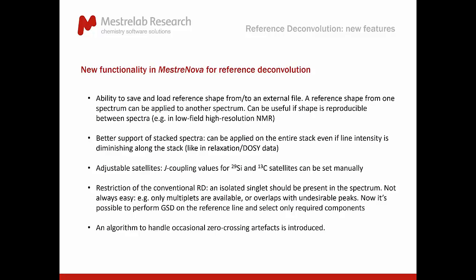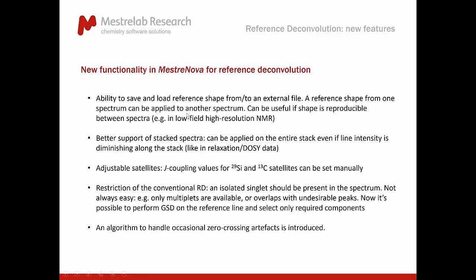One of them is more specific to low field, high resolution NMR, which is very popular these days. You can save your reference shape. Shimming is approximately the same for all spectra, never perfect, but you can characterize it on a standard compound and then apply it to all other compounds.